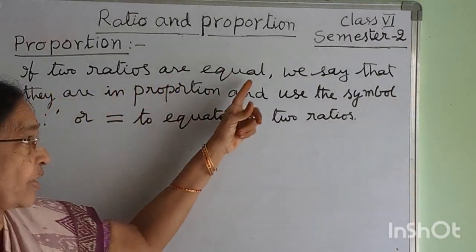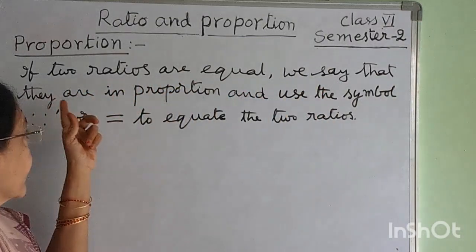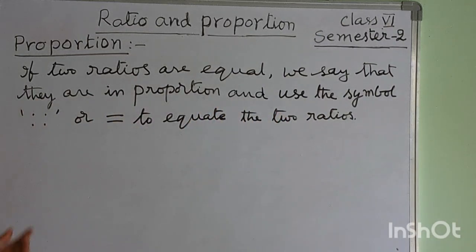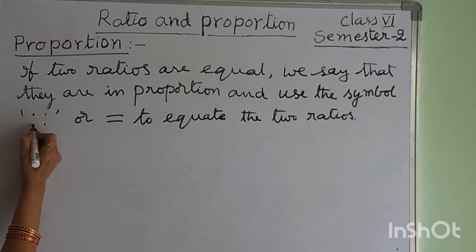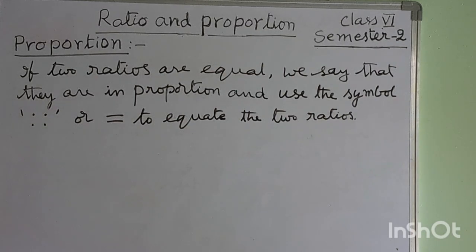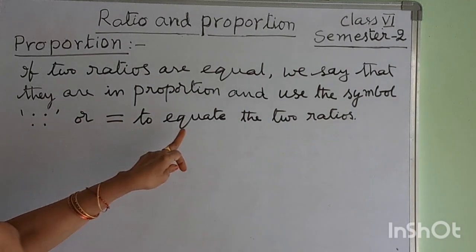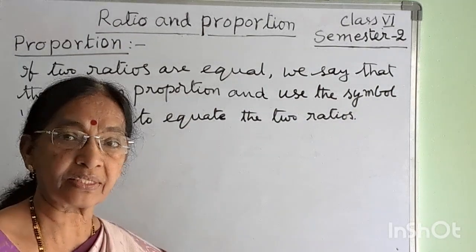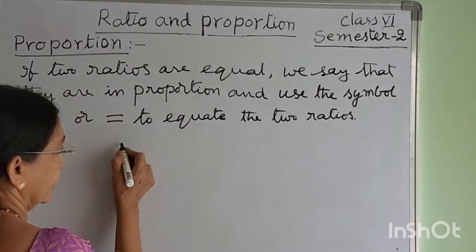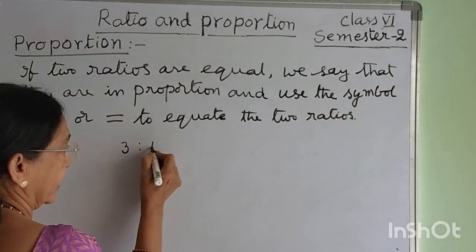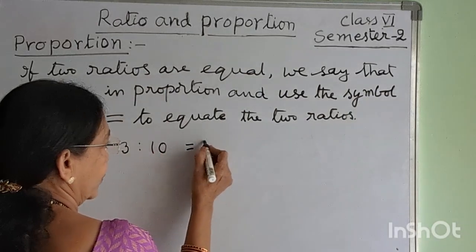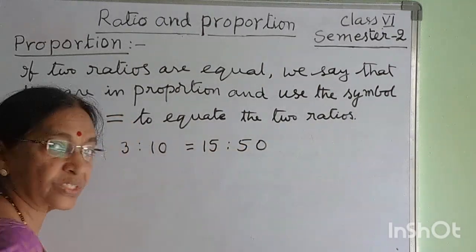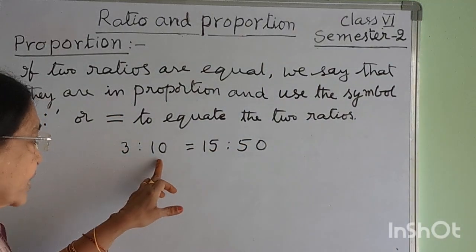If two ratios are equal, we say that they are in proportion and use the symbol :: which is read as 'is as', to equate the two ratios. Therefore, in the previous example, we have seen that 3:10 is equal to 15:50. These two ratios are equal.